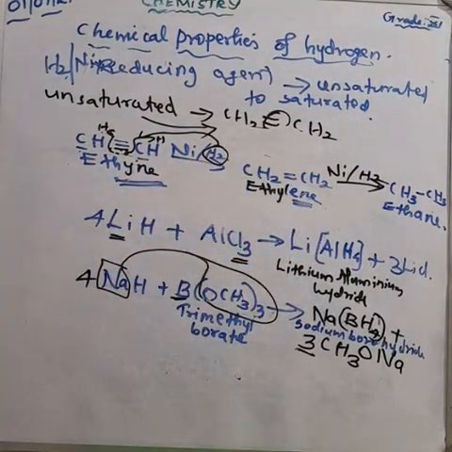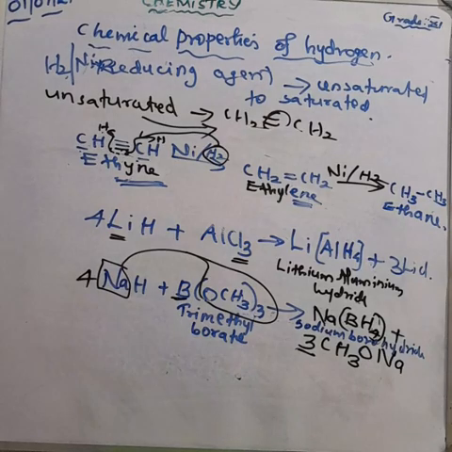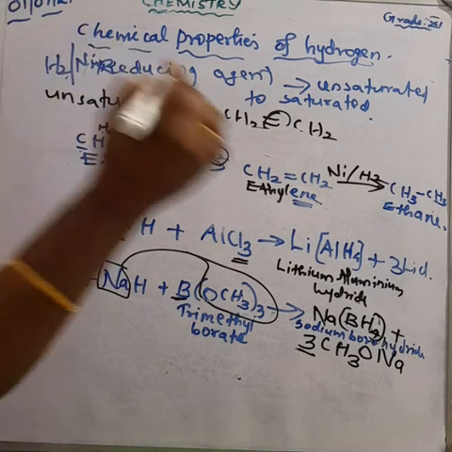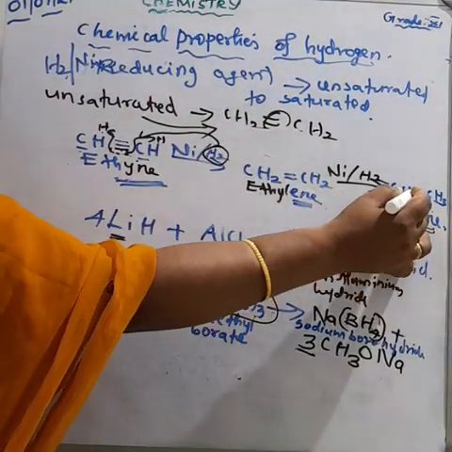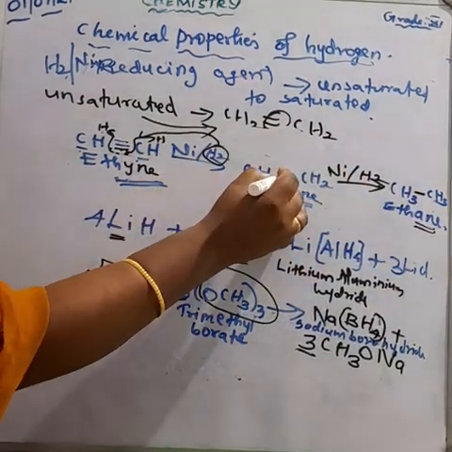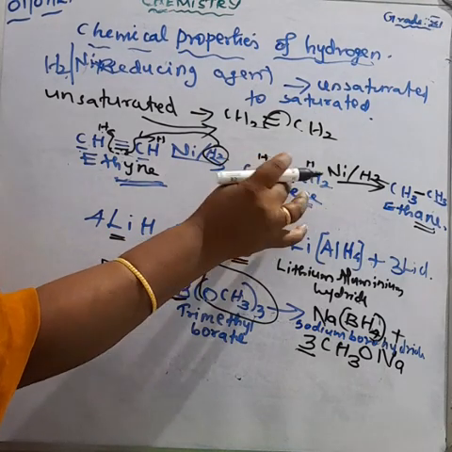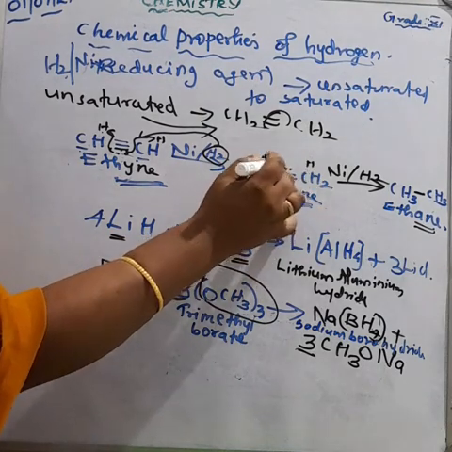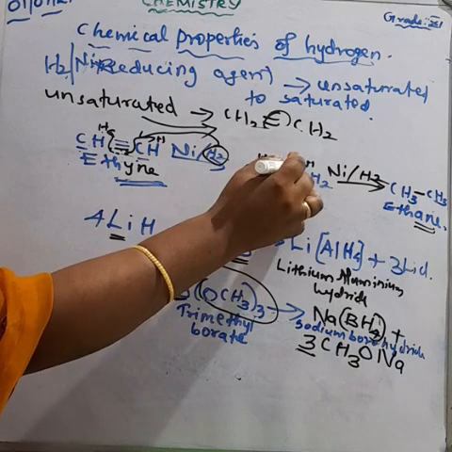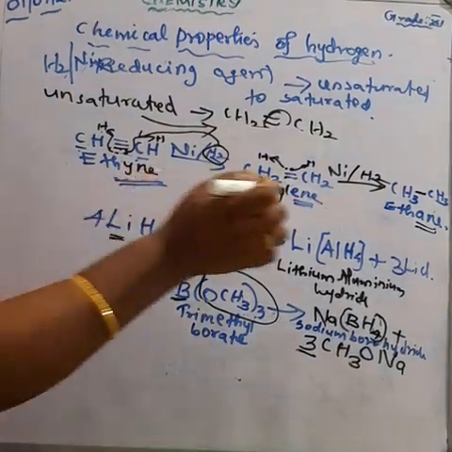Further, it is reduced with nickel plus hydrogen to form ethane. So the double bond is converted to a single bond. One of the bonds has two electrons; one electron goes to one hydrogen atom, and the other electron goes to the other hydrogen atom. So it forms ethane.